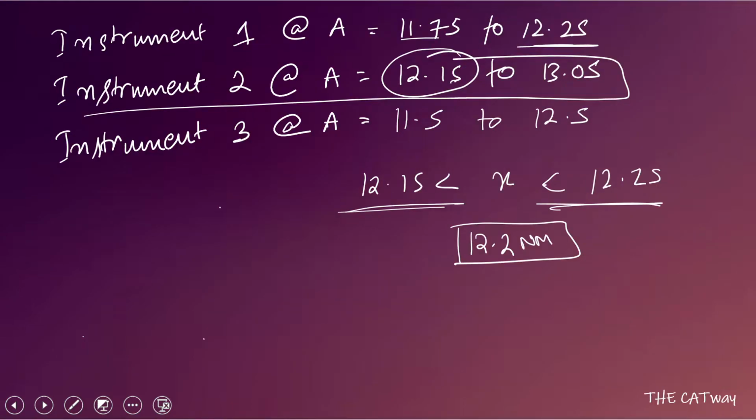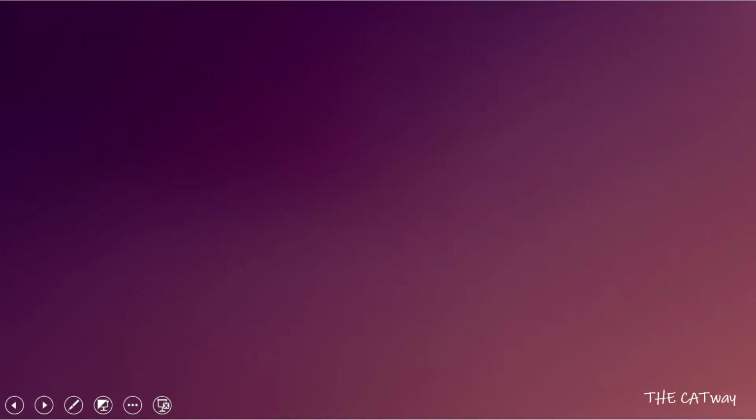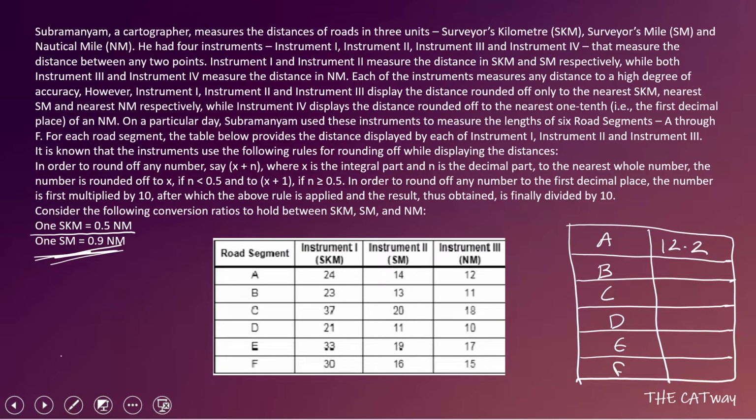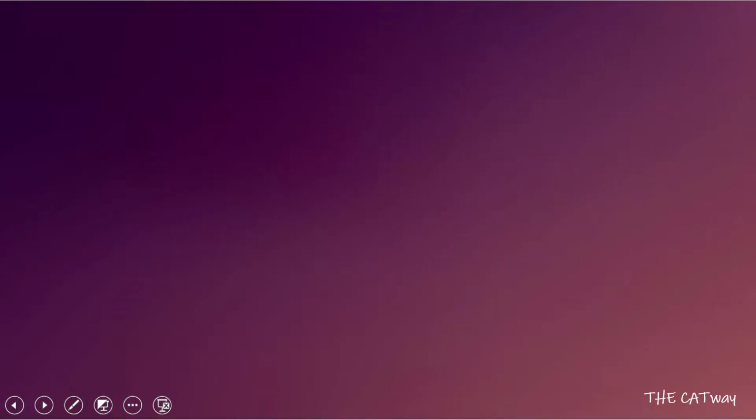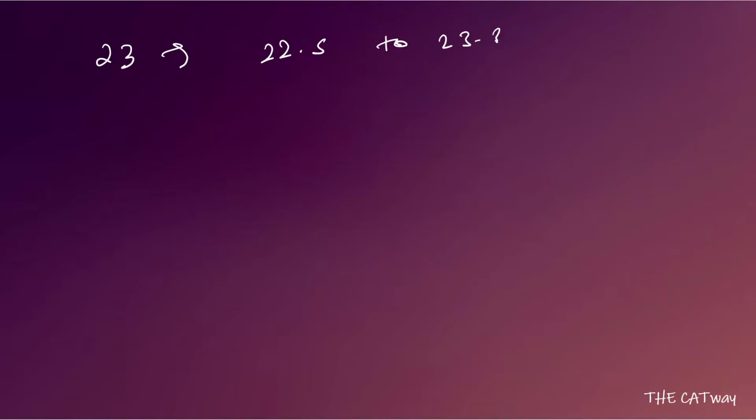Let's calculate for B. Let's see what we have been given for B. For B, we have been given instrument 1 in SKM, to be 23. So 23 would mean that it is from 22.5 to 23.5. For SKM, we have to multiply it with 0.5.